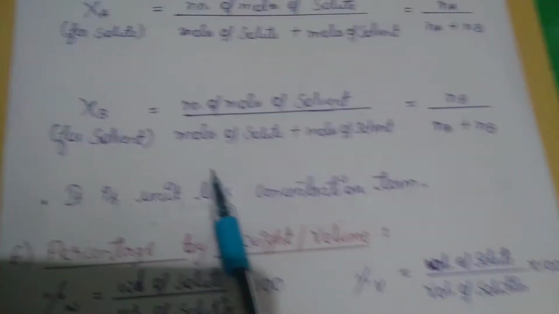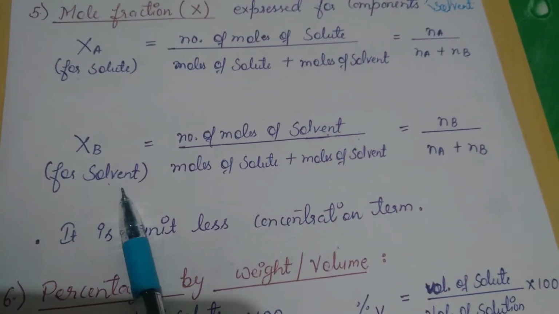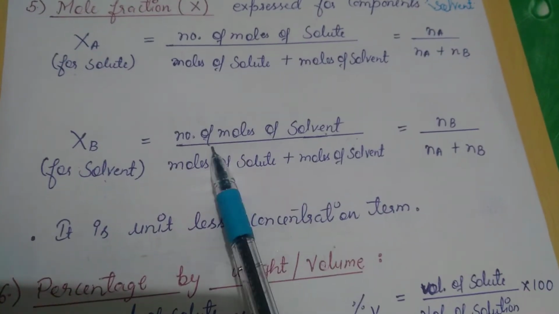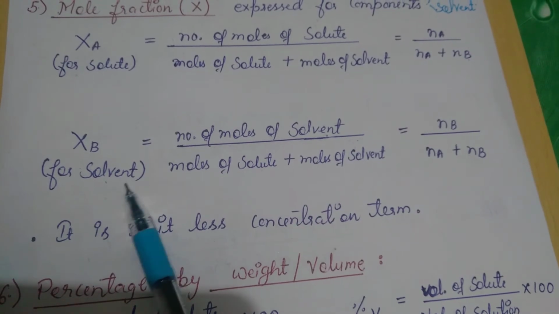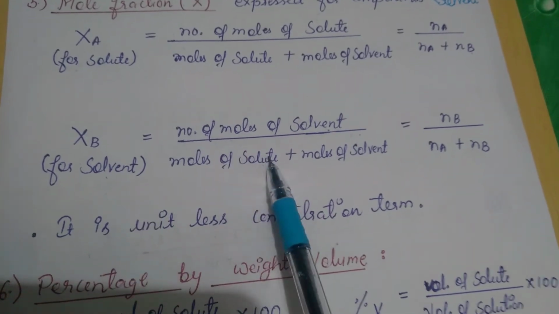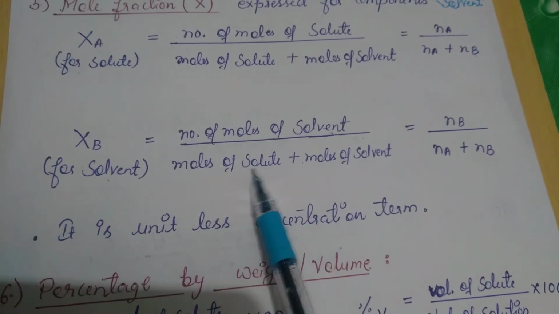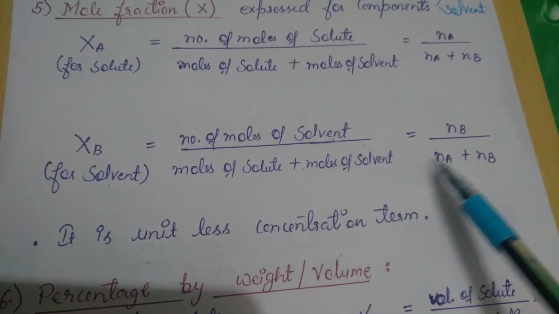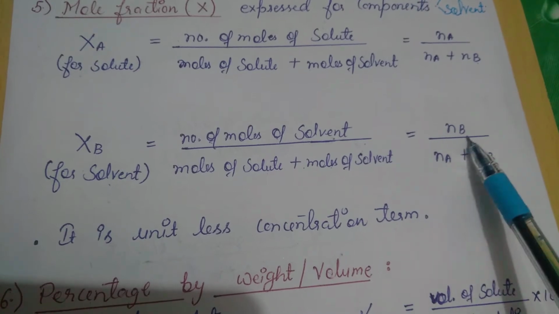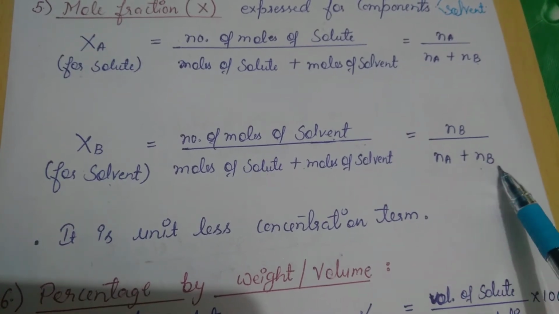Coming to XB, that is the mole fraction for solvent, that will be the number of moles of solvent to the total moles of the solution, that is moles of solute plus moles of solvent, represented as Nb upon Na plus Nb.